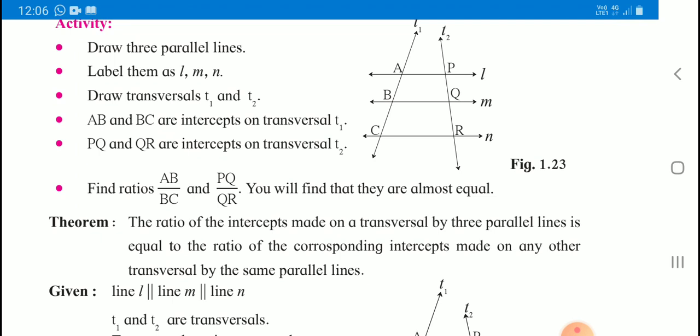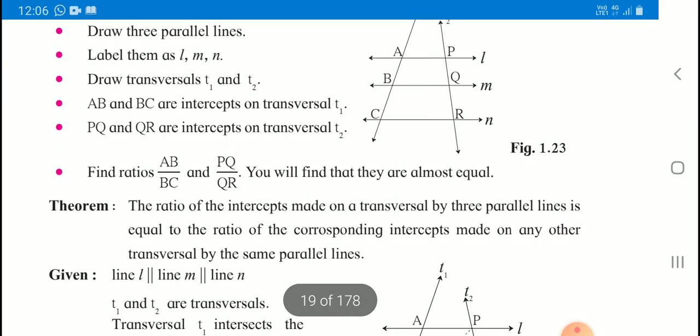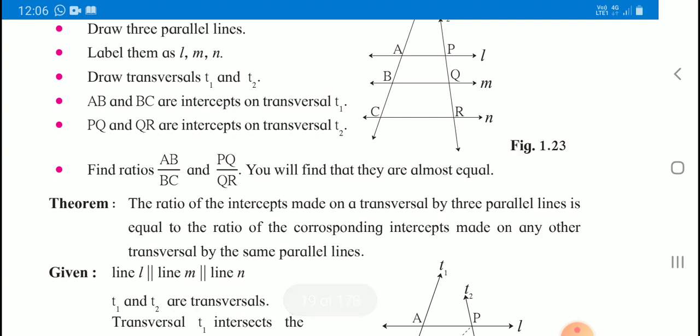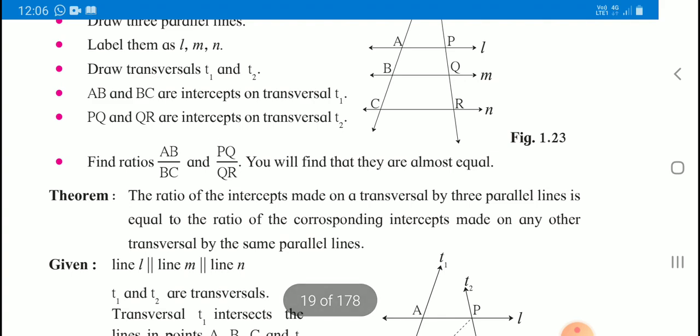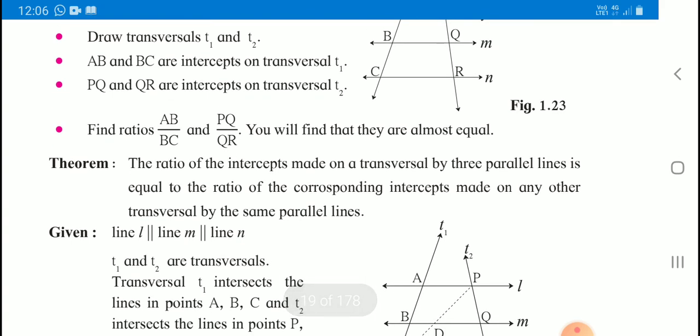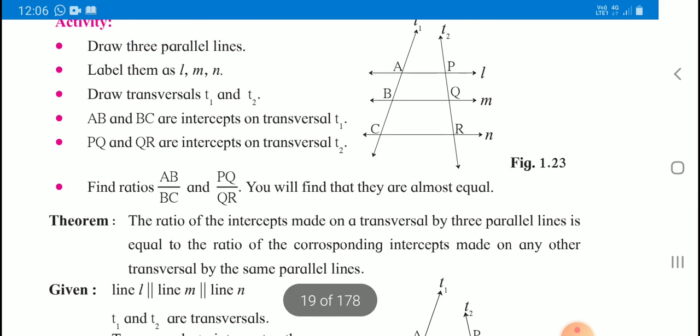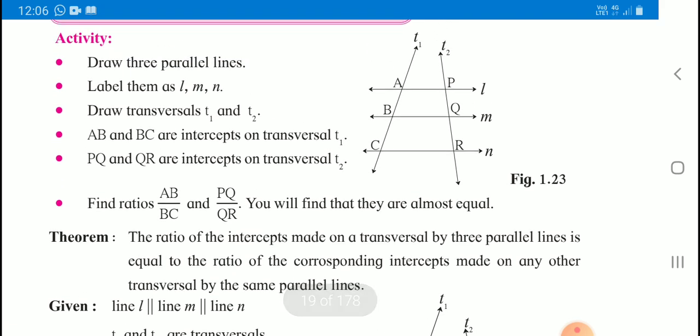Find the ratios AB upon BC and PQ upon QR. You will find that they are almost equal. By this we get the property of three parallel lines and their transversals: the ratio of the intercepts made on a transversal by three parallel lines is equal to the ratio of the corresponding intercepts made on any other transversal by the same parallel lines.